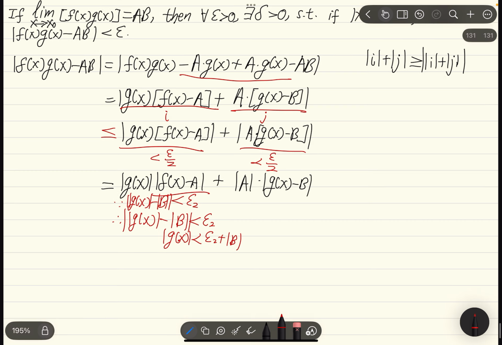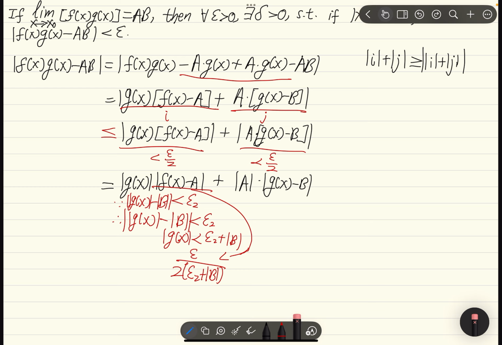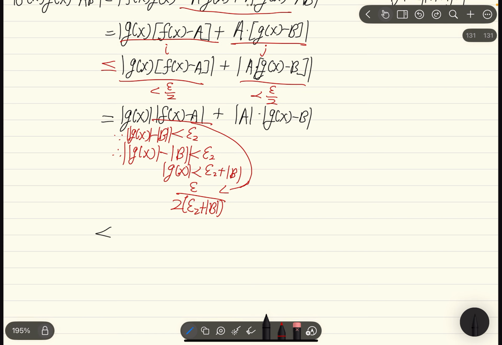So if this thing here is actually epsilon over 2 times the quantity epsilon over 2 plus the absolute value of b, then this whole thing would be less than epsilon over 2. So let's do that then. The absolute value of g(x) is less than or equal to epsilon over 2 plus the absolute value of b.